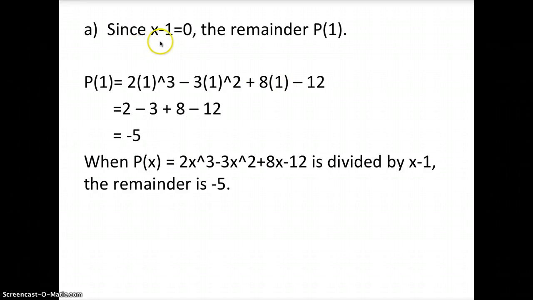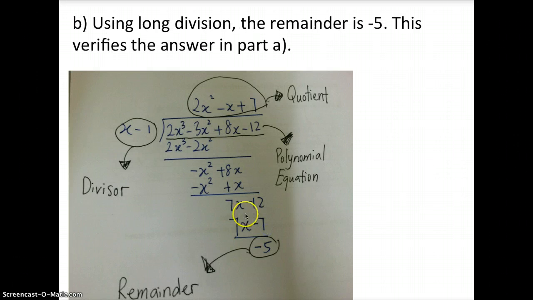Since x minus 1 equals 0, the remainder is p(1). Put the 1 inside and substitute it, and you get an answer with remainder negative 5. By using long division, we get the same answer as the method just now.